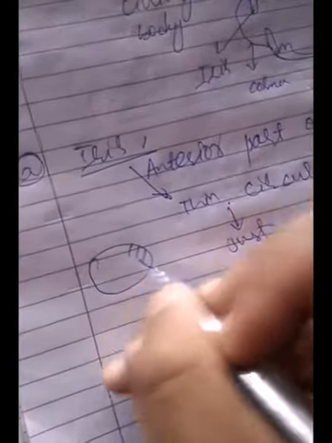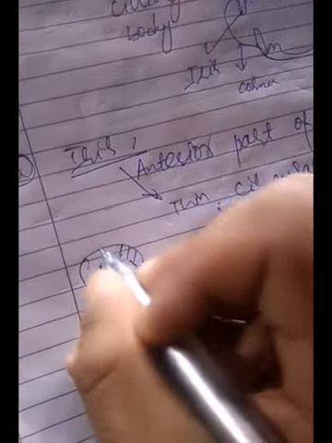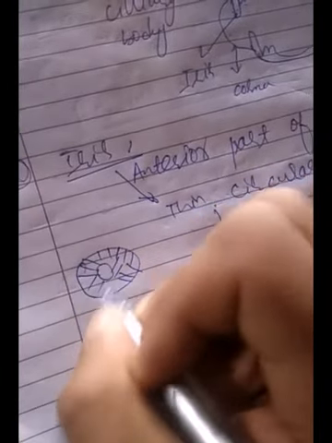In the iris there is a small aperture in the center, about 4 mm.